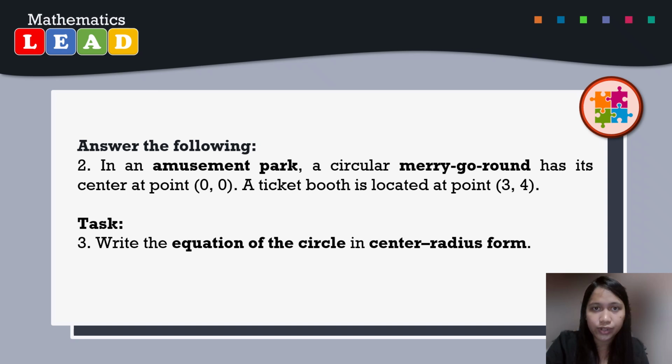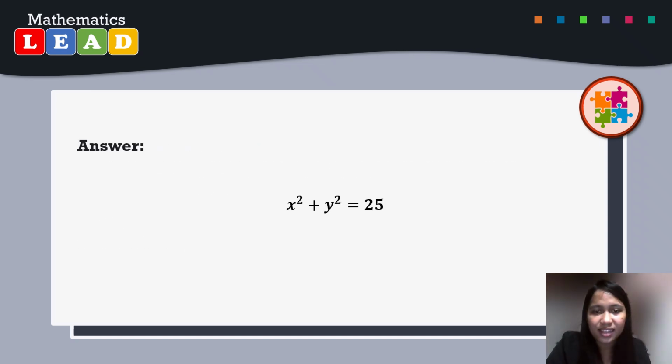And for the third and last task, write the equation of the circle in center radius form. And the time is over. The answer is x squared plus y squared is equal to 25. Good job! That's all for today and see you on the next one.